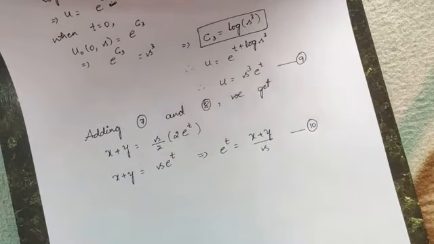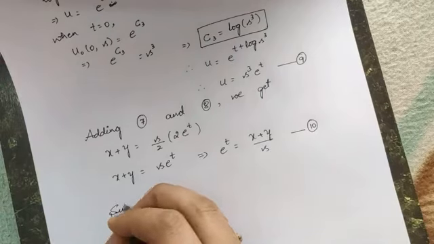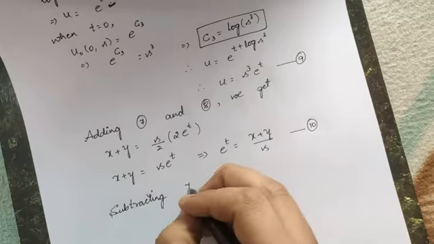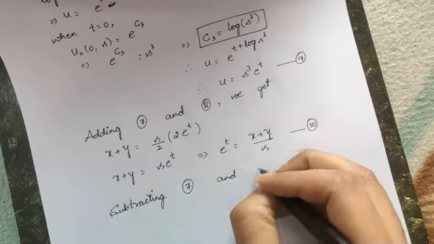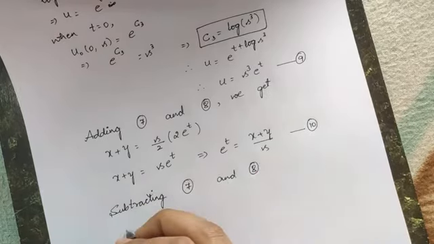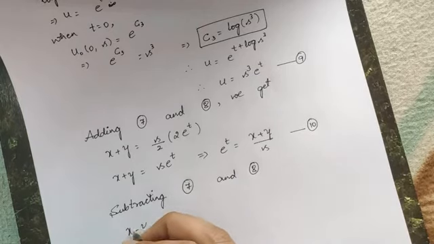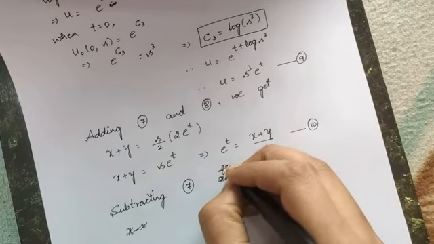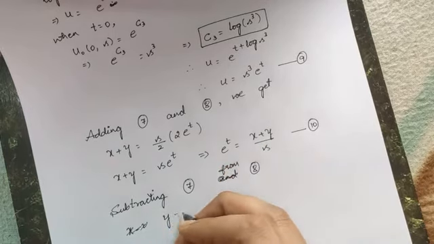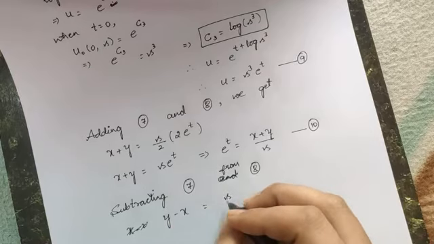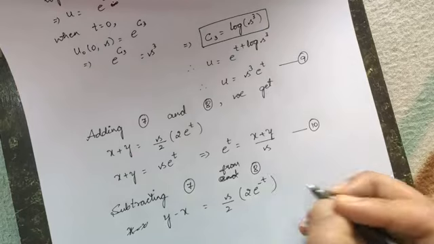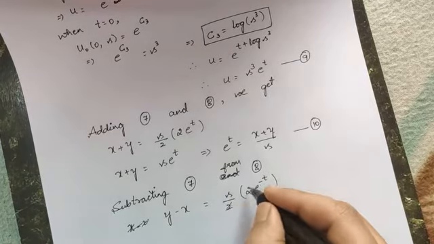Now I will subtract your equation 7 and 8. Subtracting 7 from 8, so you will get y minus x is equal to s by 2 into 2 times e power minus t here, right? 2 gets cancelled.